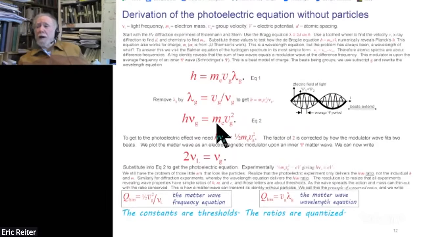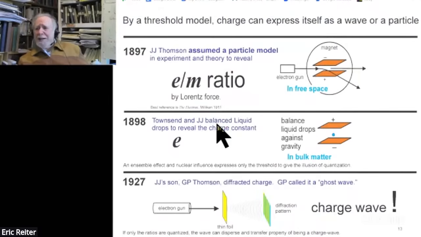So to understand that, we have to go back to the charge experiment and see, well, what was different about charge when they measured its constant compared to how they measured the charge in beam experiments and the charge to mass ratio experiment. The charge was in very different states of matter.